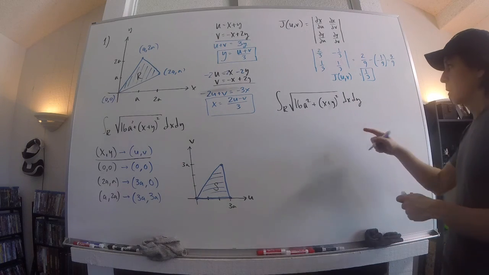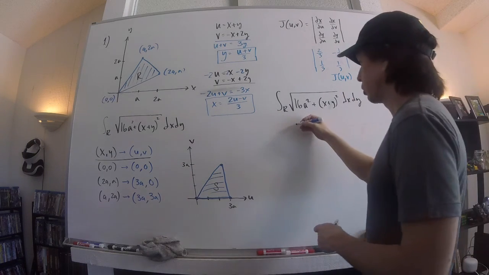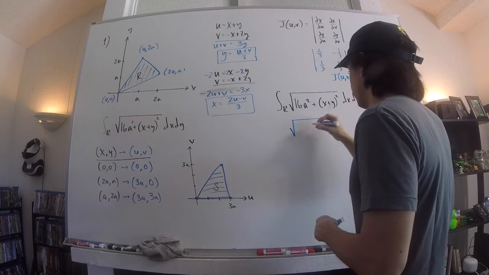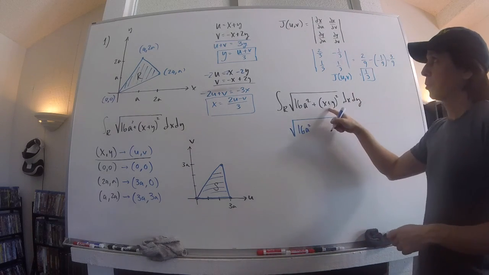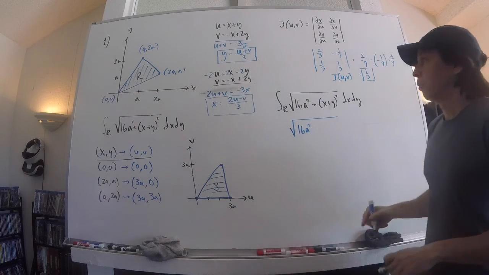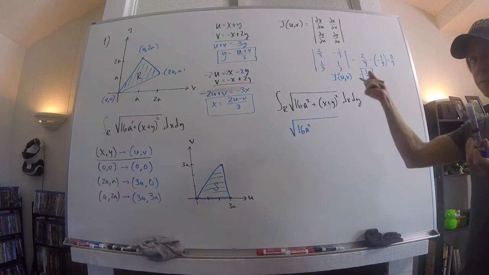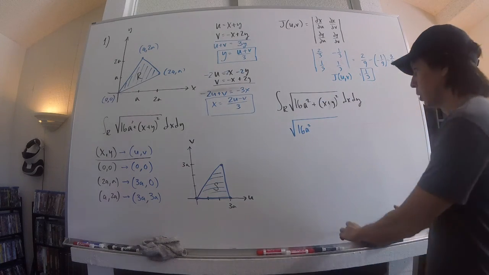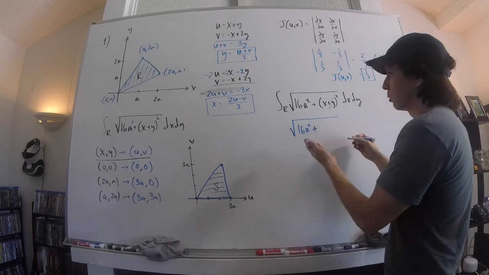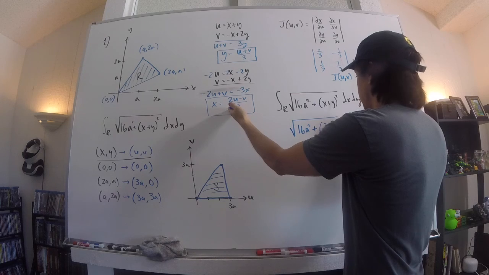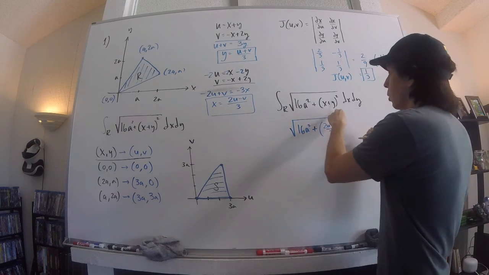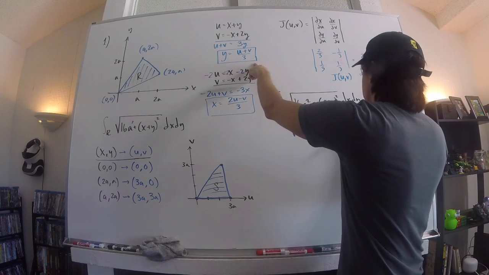Okay. I'm going to rewrite my integrand in terms of u and v. So I can look at that x plus y and know that's equal to u. But if it's not something that's boom on the board like that, you can work it out the longer way, which is to literally substitute x, whatever x was, right here: 2u minus v over 3 plus y, u plus v over 3.